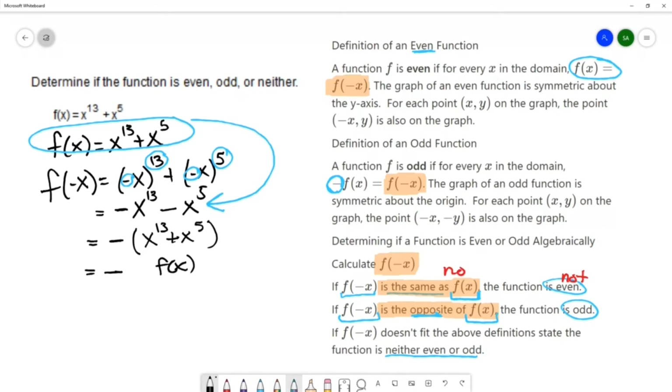And so it does fit the pattern of the opposite of f of x, and so it is an odd function. So we can say that f of x equals x to the 13th plus x to the 5th is an odd function.